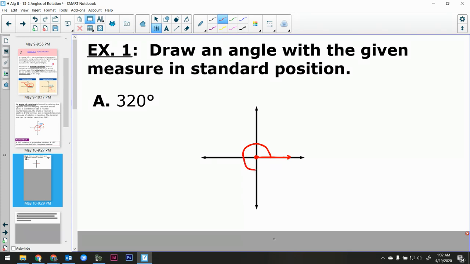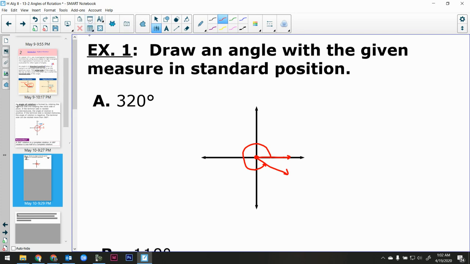Now, how much past 270? I'm not going to go all the way to 360. I'm going to go 50 degrees past 270. Just estimate it, a little bit past halfway. So that angle is positive 320 degrees.